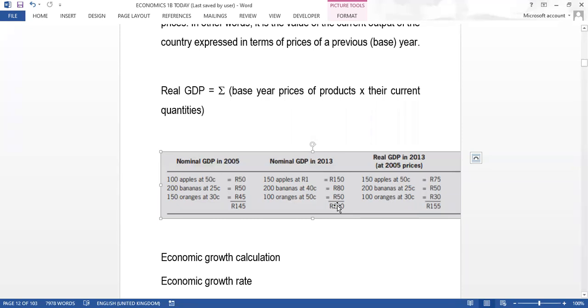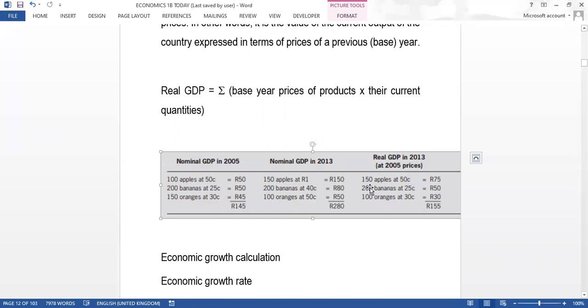But in order for us to ascertain whether there was growth or not, we'd look at it from the real GDP perspective, using the same production and the same price levels, to see whether there is growth or no growth.